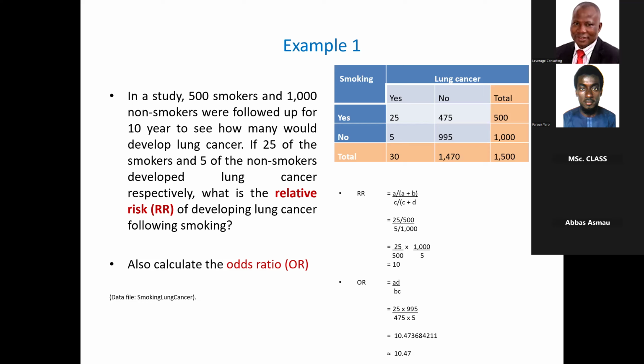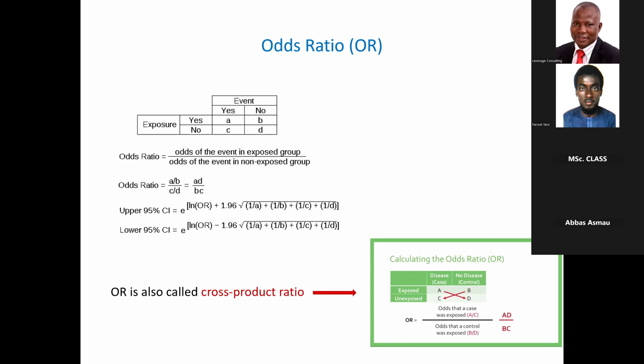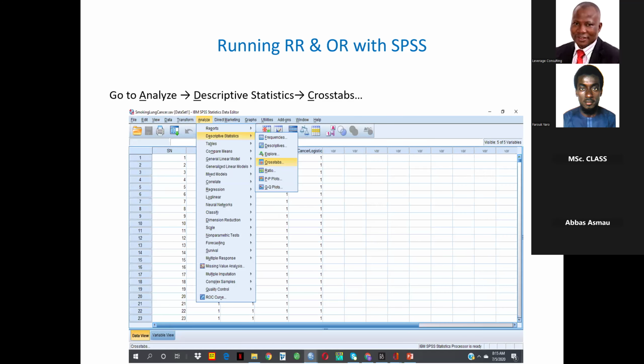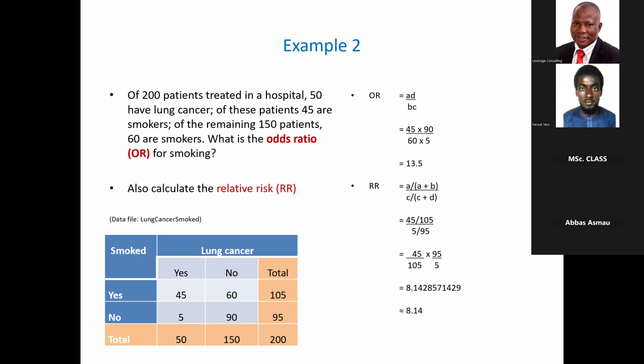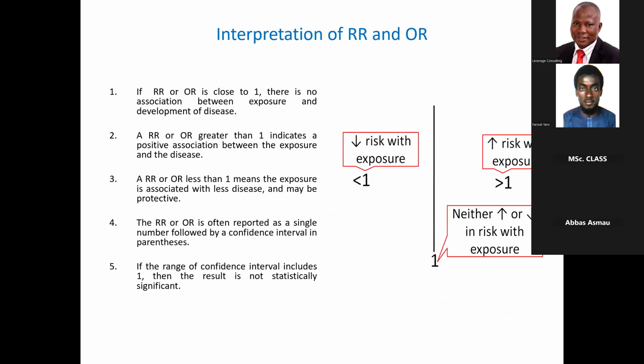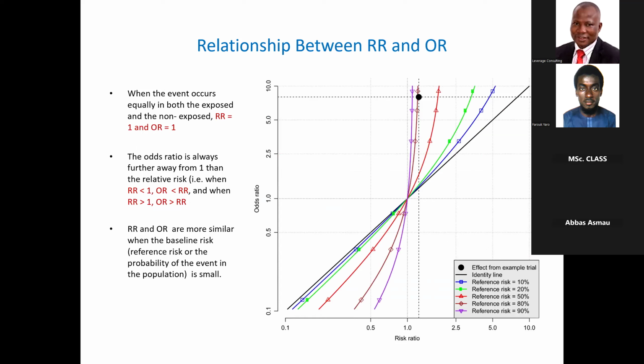But in that one, because the disease is not rare, there is much distance between the odds ratio and the corresponding relative risk. It just validates what I told you. When the disease is rare, the odds ratio approximates the relative risk.